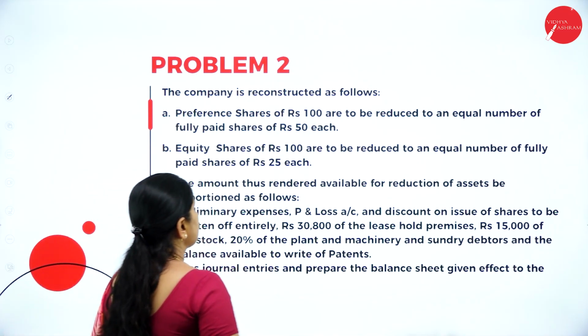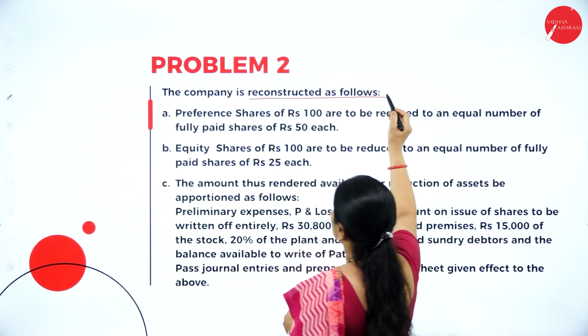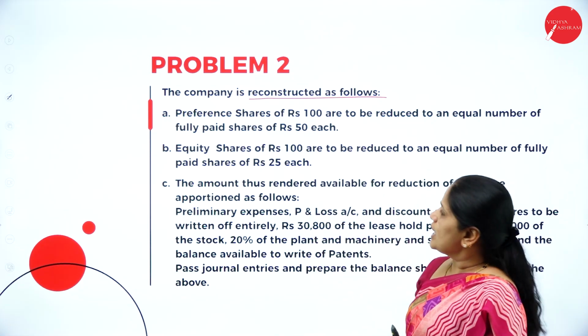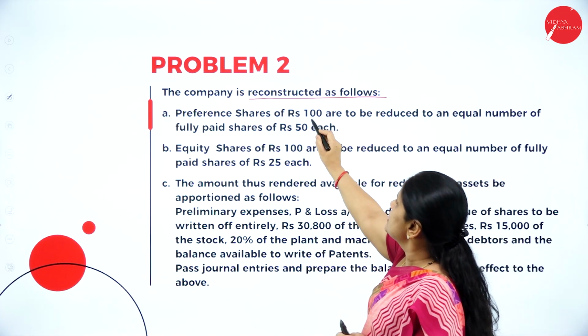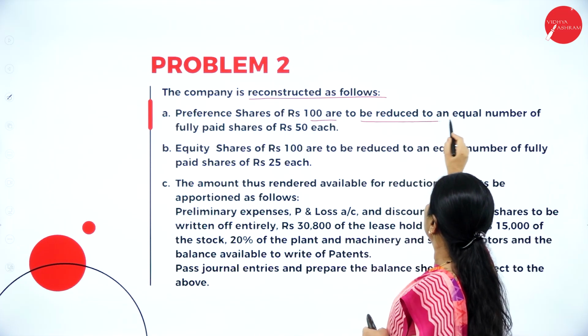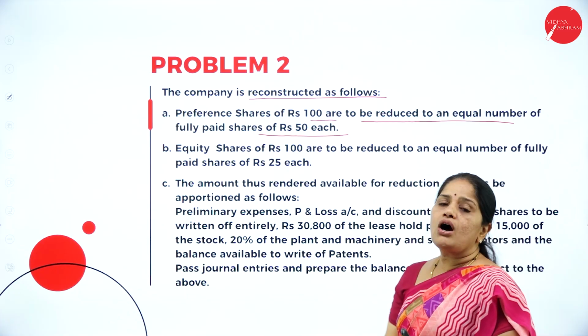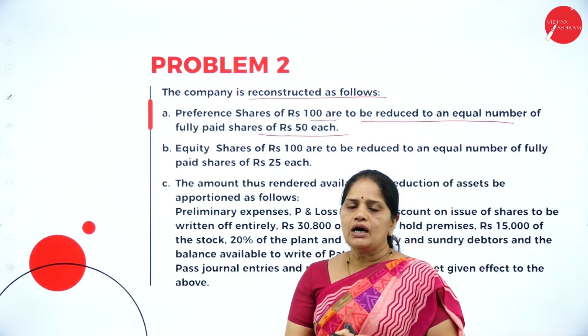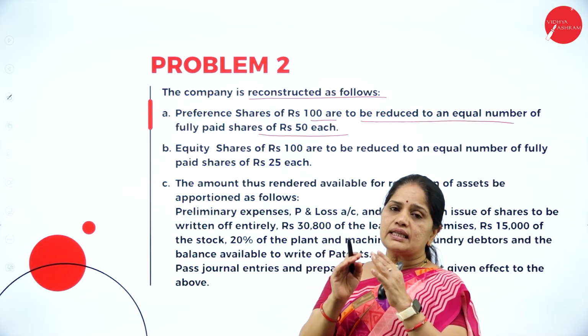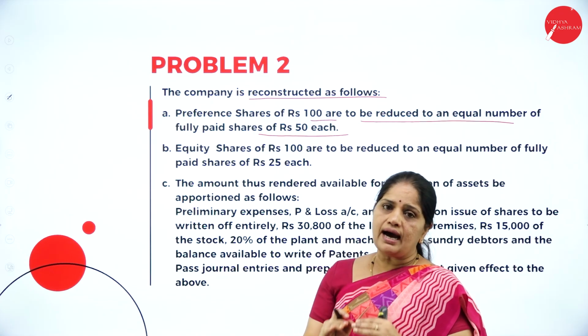The company is reconstructed as follows. They are going in for reconstruction, and the preference shares of ₹100 are to be reduced to an equal number of fully paid shares of ₹50 each. Now they are reducing the share capital to half.